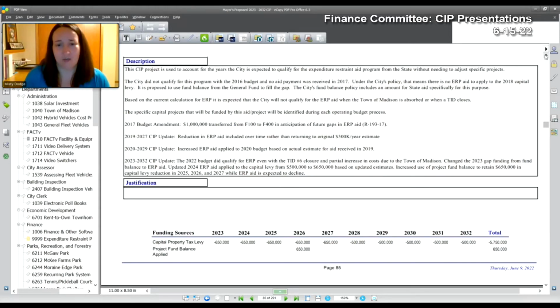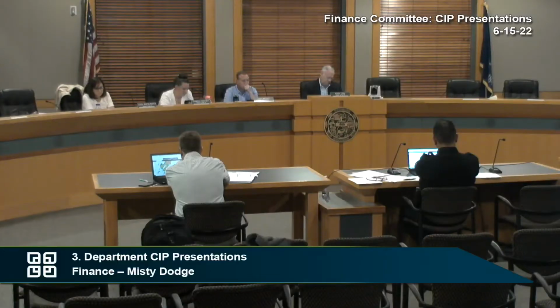What that means is we are now relying on fund balance to meet our capital needs in years 3, 4, and 5, as well as the rest of the plan. That was a strategy that had to be done, but it's definitely not something that we prefer or think is a good idea for financial responsibility. That is all of my projects.